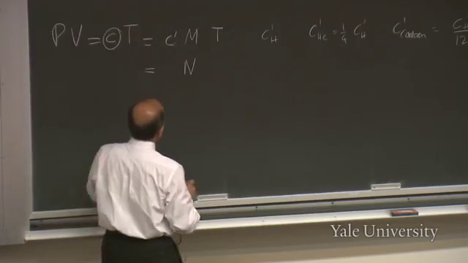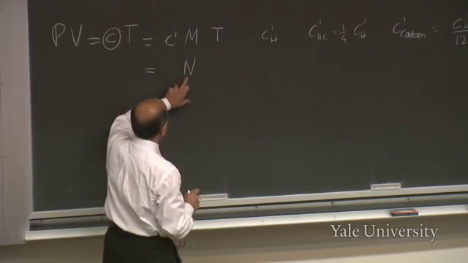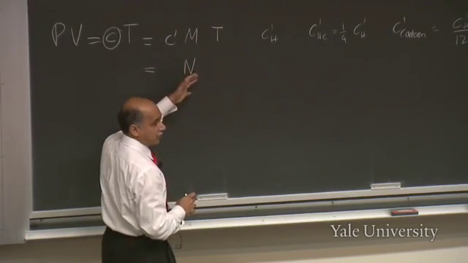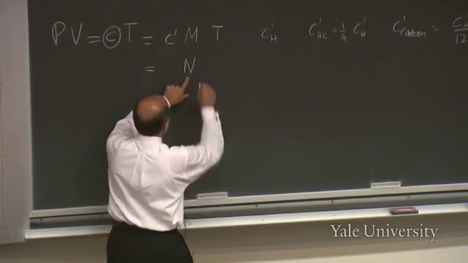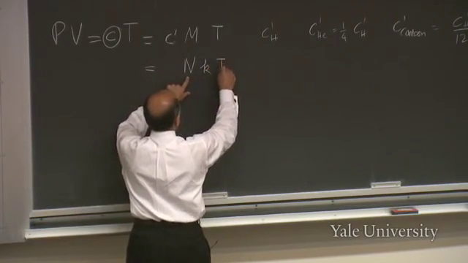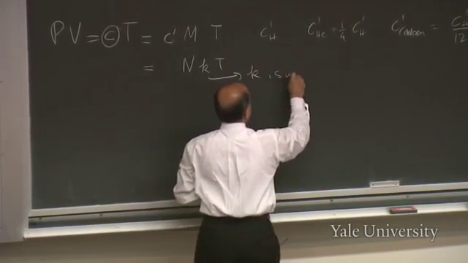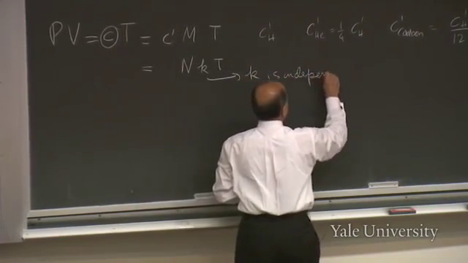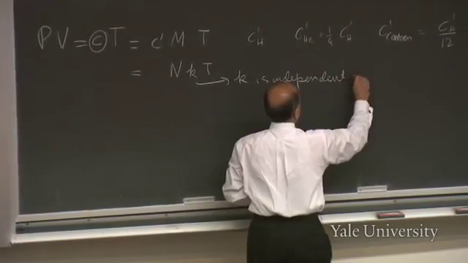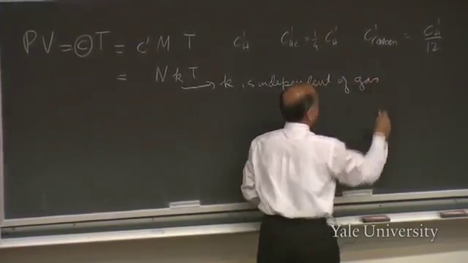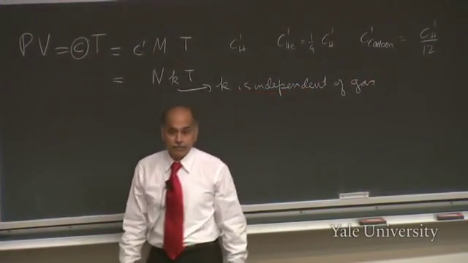We are certainly free to write either a mass or the number of atoms, because the two are proportional. But the beauty of writing it this way, where this is a new constant k, is that k is independent of the gas.